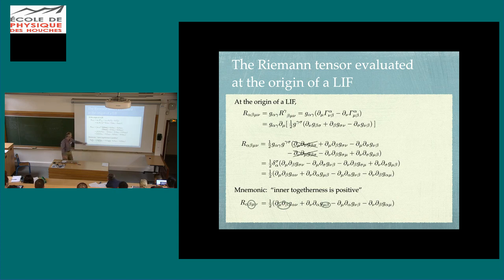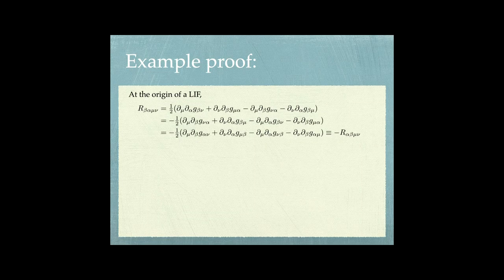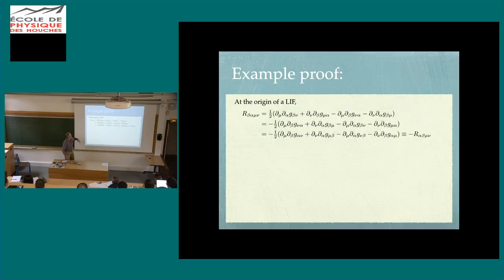So now you can write this in any locally inertial frame. You can just write down what the values are. So for an example, a proof, say I want to show that switching the first two indices causes an overall minus sign. You just write it down and you reorder the indices, and it's a pretty easy proof.